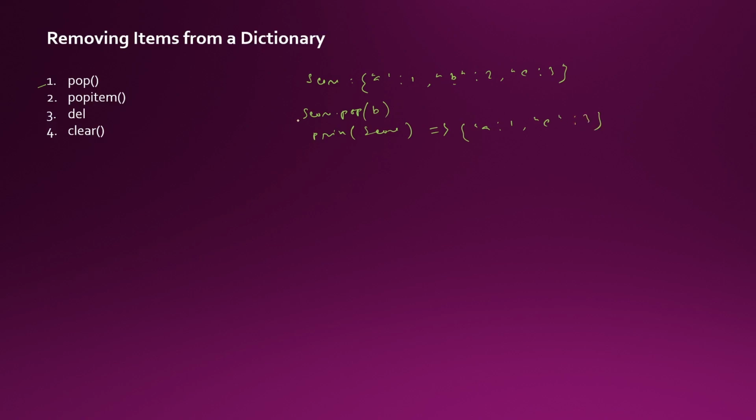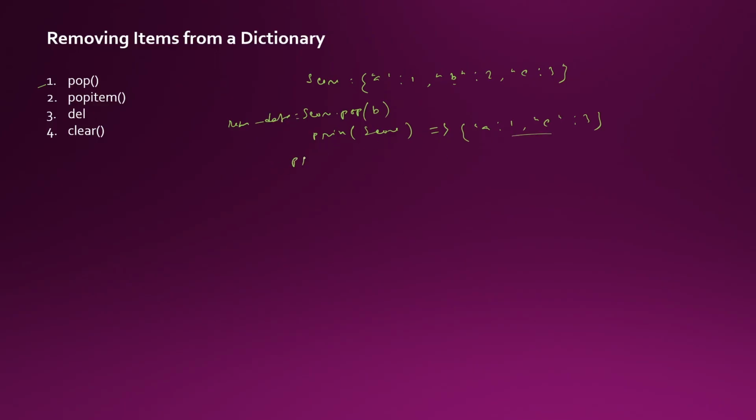But one of the most important points you need to remember is that pop holds the value. Suppose you write removed data equal to score dot pop. Now when you print score, it will give this output.